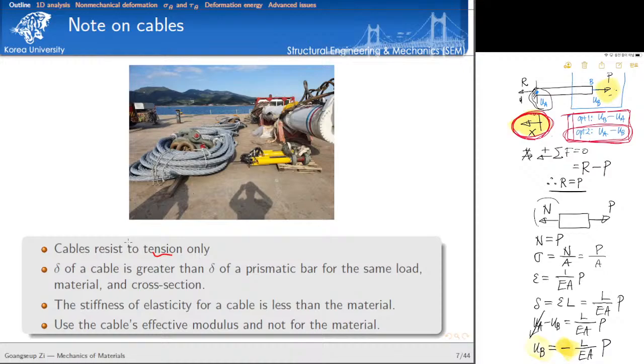That's why we say that the stiffness of elasticity for a cable is less than the solid material. That's why for the cable we use the effective modulus, 유효 강성계수, not just the material modulus.